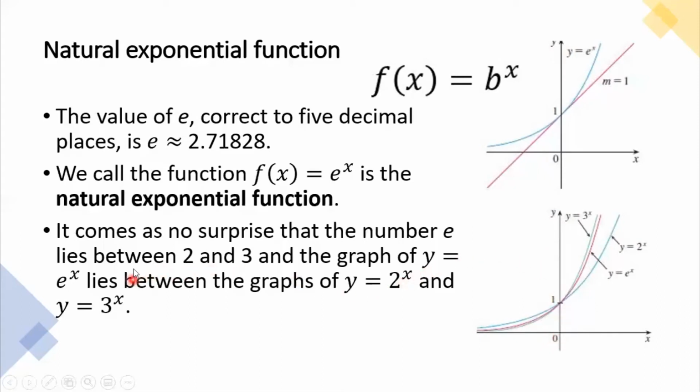Since Euler's number is approximately 2.71828, we expect that the graph of e^x is in between the graphs of y = 2^x and y = 3^x, because 2.71828 is greater than 2 but less than 3. So that's the graph of the natural exponential function.